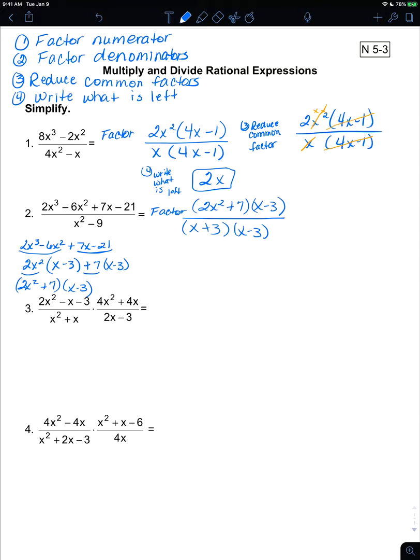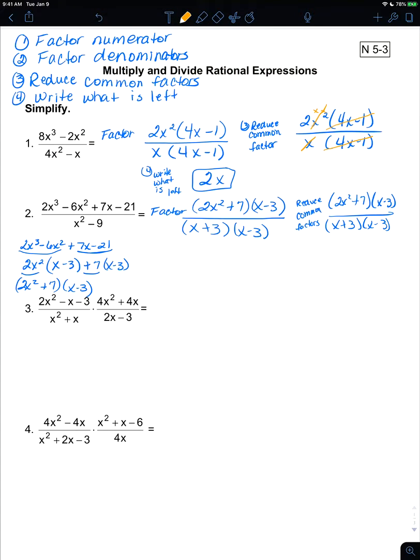All right, so next step is to reduce those common factors. So 2x squared plus 7 times x minus 3 over x plus 3, x minus 3.